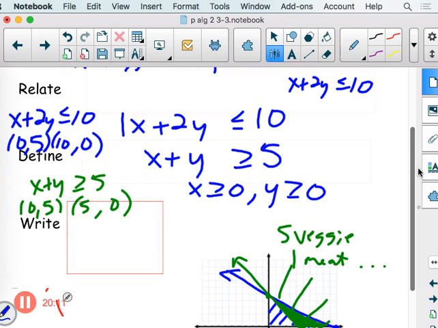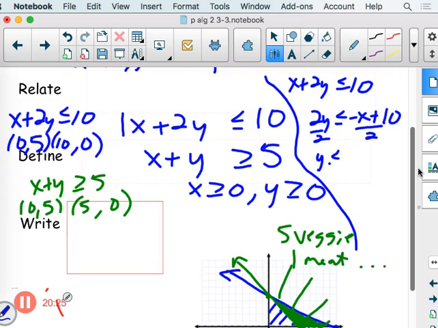Subtract x. Divide by 2. All right. So we have y is less than or equal to negative 1/2 x plus 5. And that's the top equation.